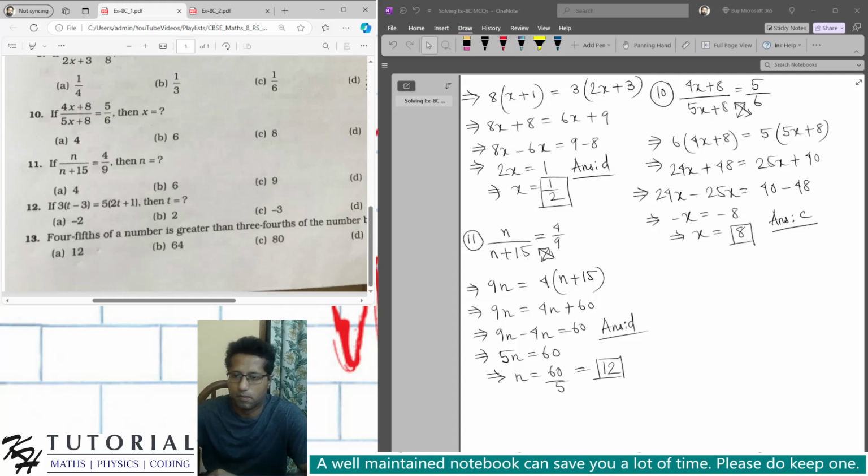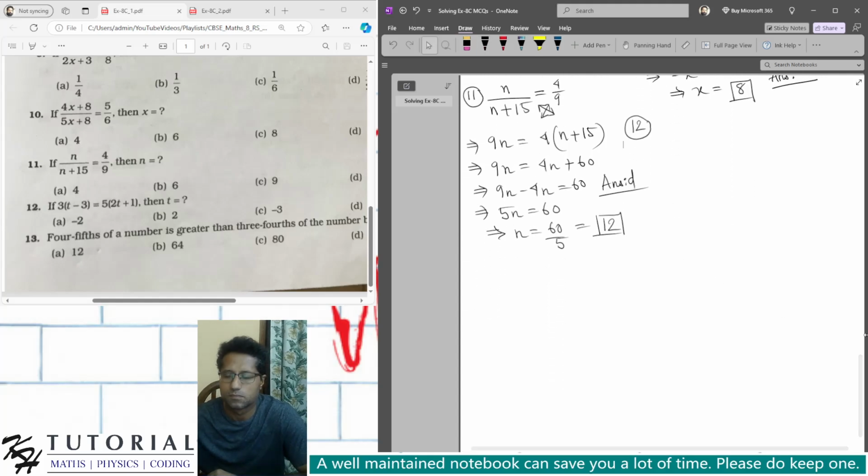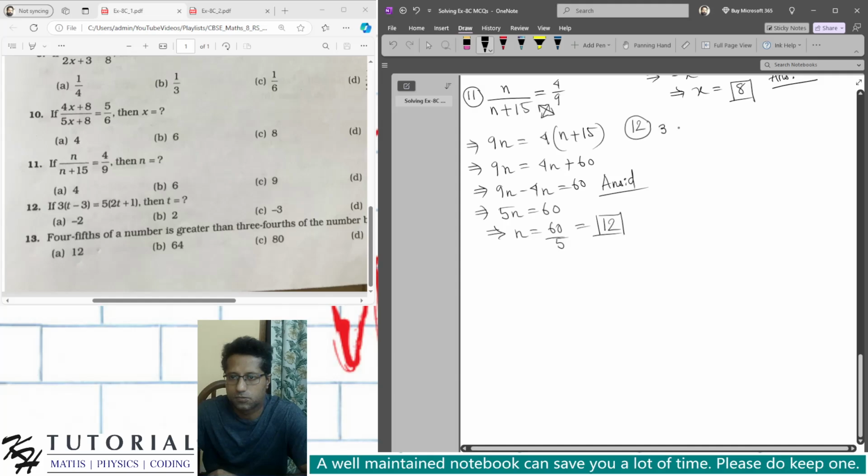Let's do problem number 12. The equation is 3t minus 3 is equal to 5 times 2t plus 1.